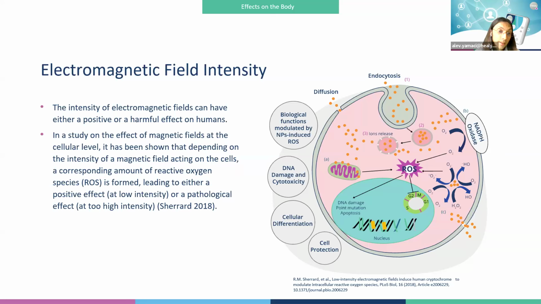In one study, they looked at the cellular level, and it has been shown that depending on the magnetic fields, there can be reactive oxygen species, and those are formed, and they can lead to a positive effect at low intensities, which we actually are using.